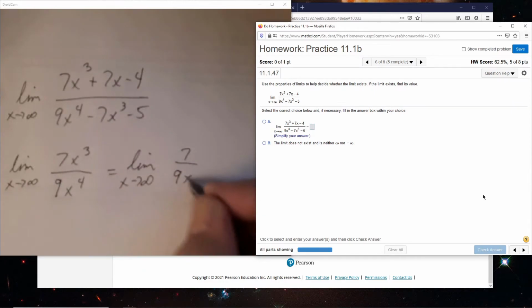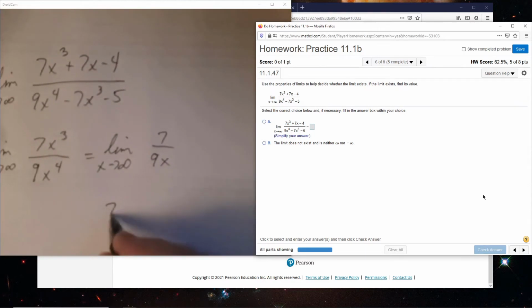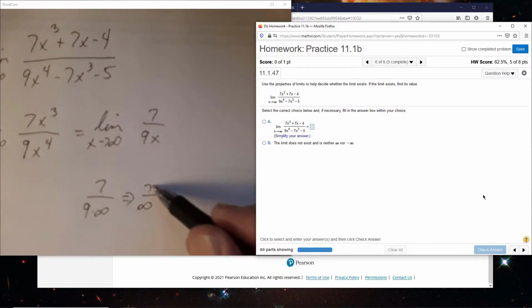Now x is going to infinity. So 9 times infinity is still infinity. And any number divided by infinity is always something that's going to 0.